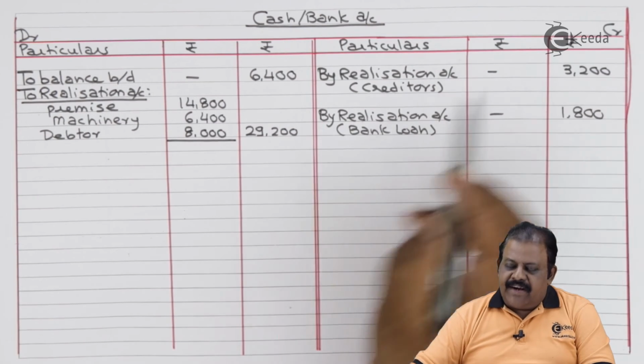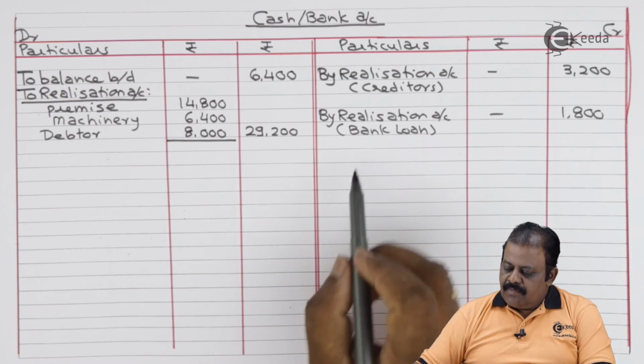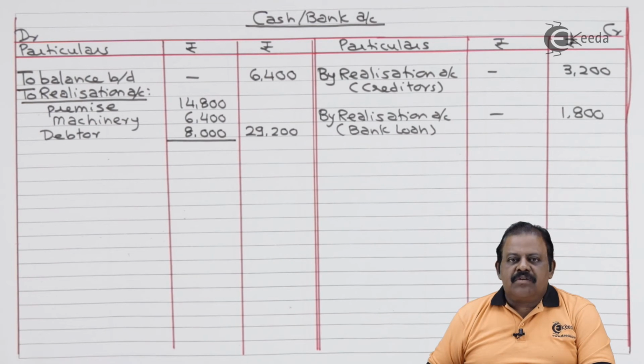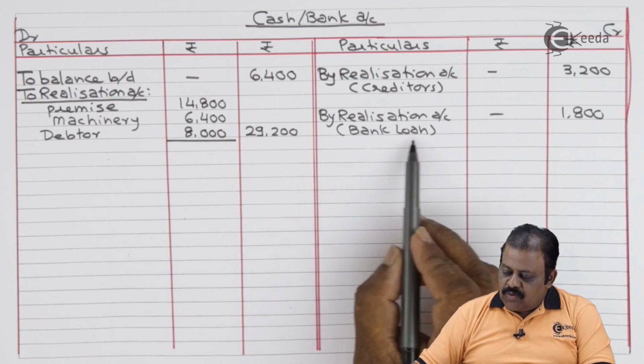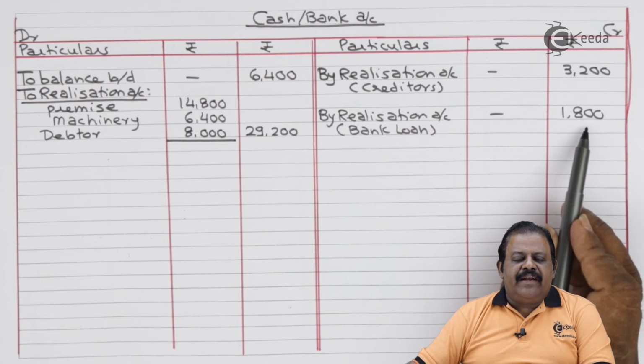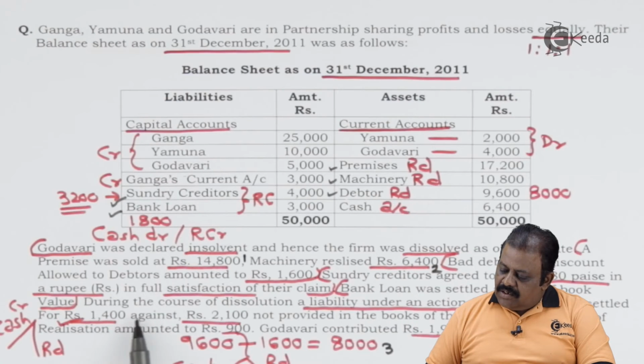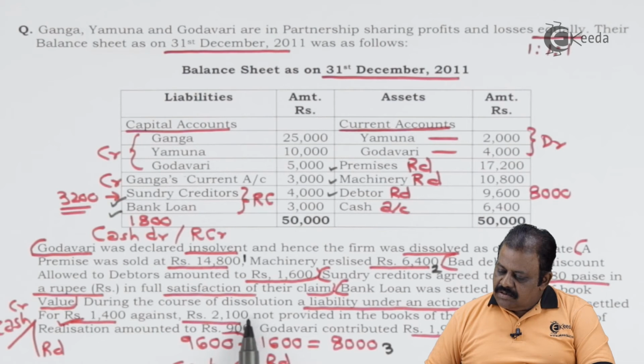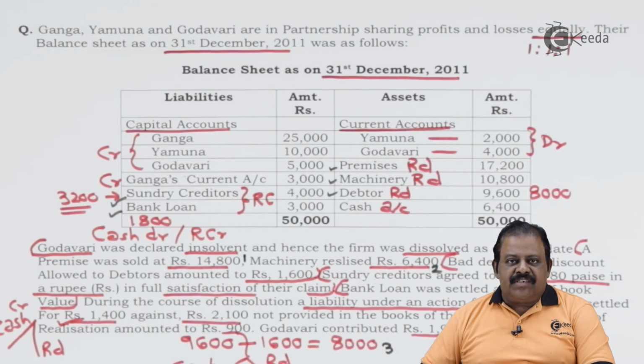Cash bank account credit by realization account, bank loan settled 1,800.